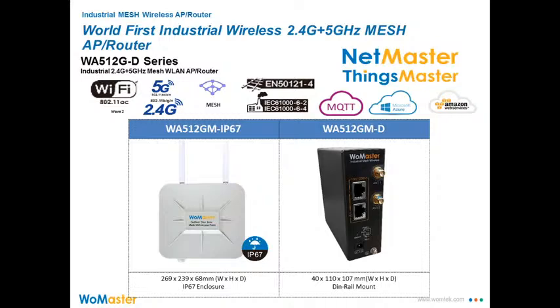And the users can use the SceneMaster cloud platform, then the utility ViewMaster, and the MMS NetMaster to manage the Wi-Fi devices. Of course, cybersecurity, MQTT, and the redundancy are also supported.